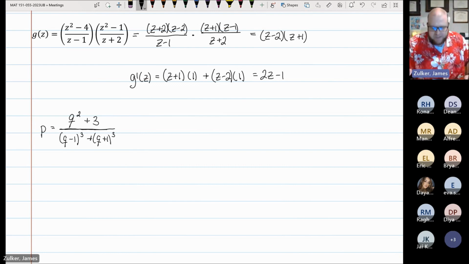We're going to find the derivative of this function. But before we can do that, we're going to have to simplify that denominator.